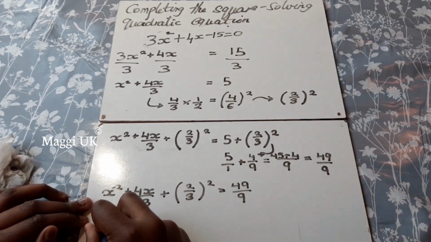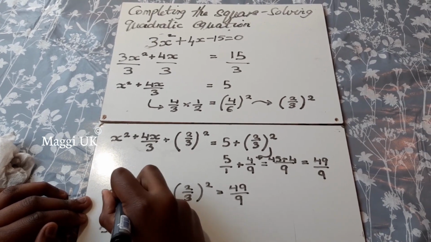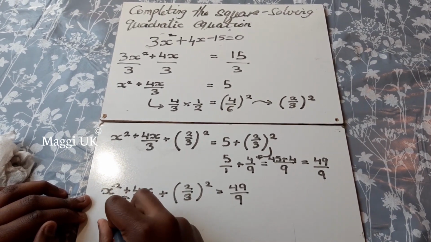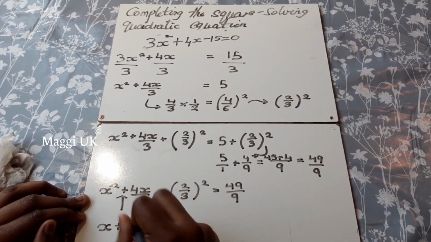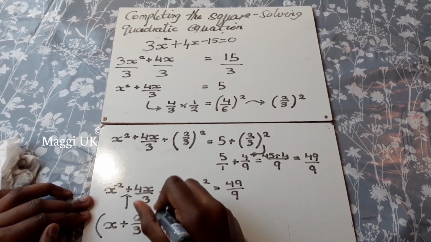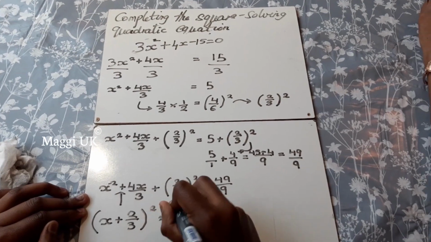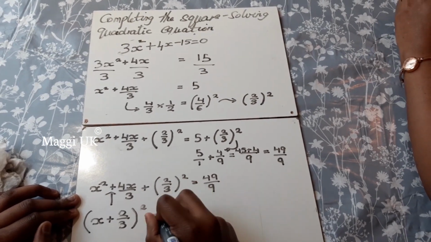So now he's going to put, because there's a plus, so he's putting plus. If it's a minus, you put minus. So that's your square term now, 49 over 9.